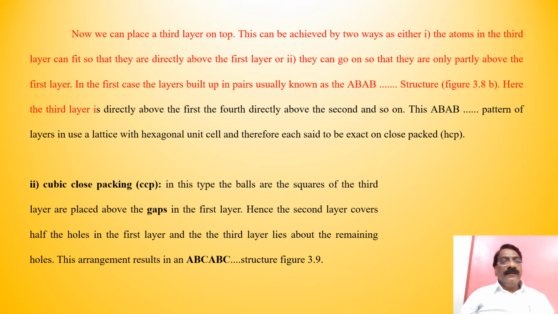Here, the third layer is directly above the first, the fourth is directly above the second, and so on. This AB-AB pattern of layers is found in the lattice with a hexagonal unit cell, and is therefore said to be hexagonal close packed, HCP.